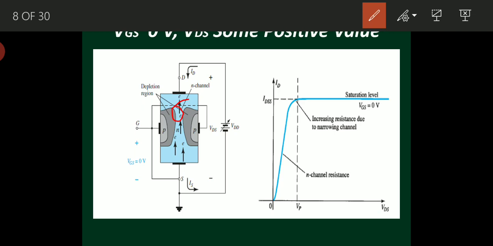The electrons near the source terminal try to move from the source terminal to the drain terminal, but the channel width is now reduced very much. So all the electrons will accumulate in the channel here, and only a constant number of electrons move towards the drain terminal. So the current becomes constant.